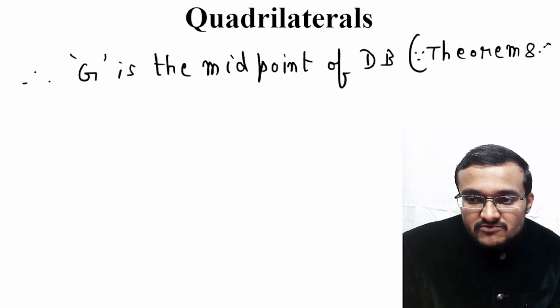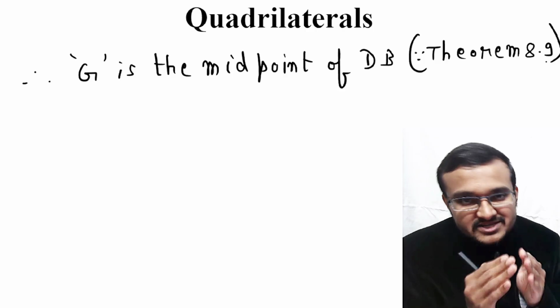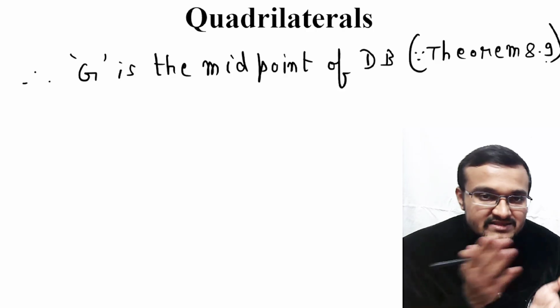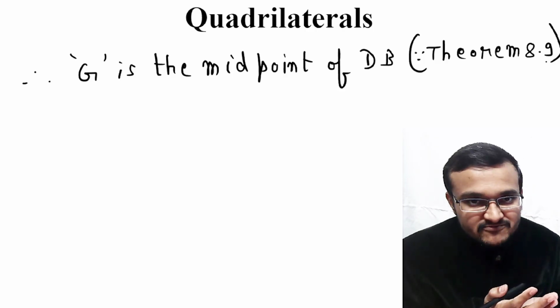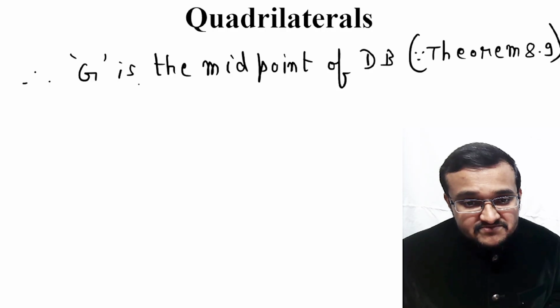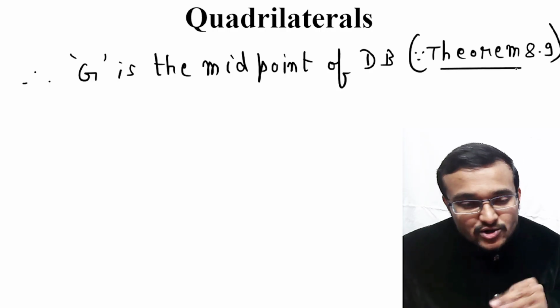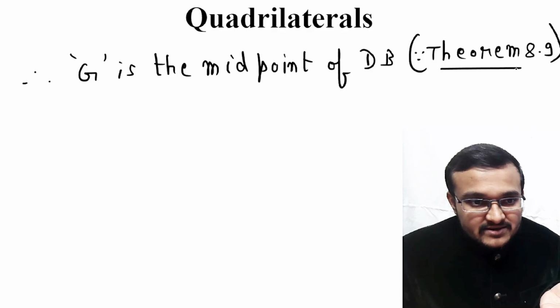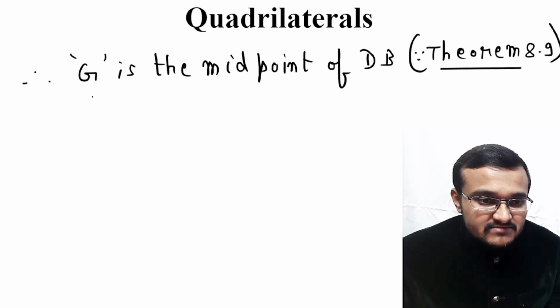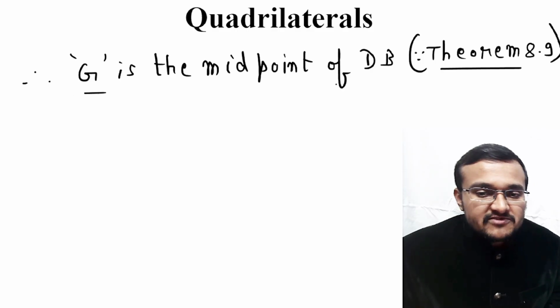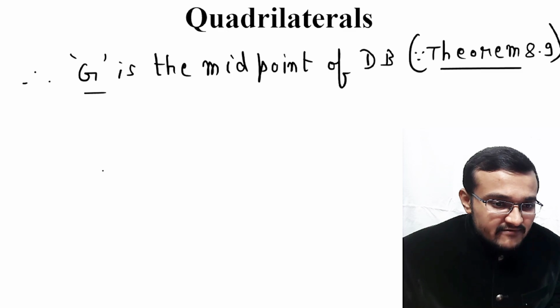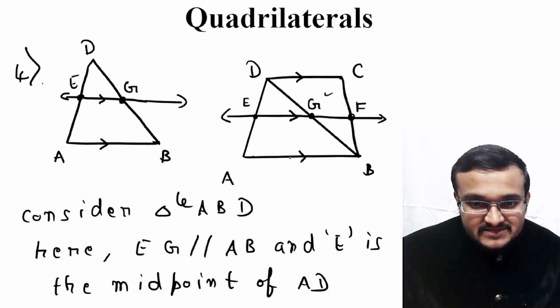If you want to understand theorem 8.8 and 8.9, that is the midpoint theorem and its converse, you can refer to my previous videos. So according to the converse of the midpoint theorem, G becomes the midpoint of DB.